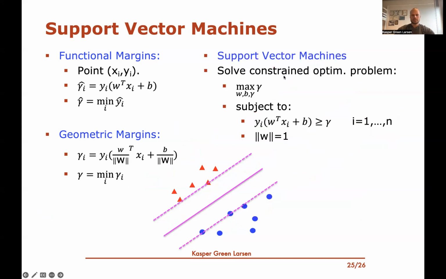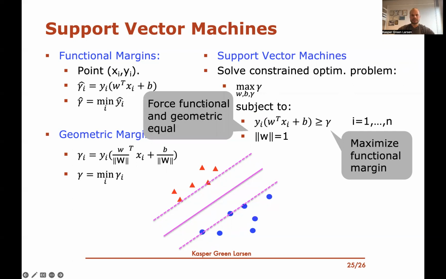Support vector machines are really all about solving the following constrained optimization problem. You want to maximize the geometric margin gamma over the choice of W, B, and gamma. The constraints you have to satisfy are that for all the n training examples, the functional margin, so we're not dividing by the norm of W here, has to be at least gamma. Secondly, we have another constraint that says the norm of W should be 1, which means that the geometric and functional margins are the same.